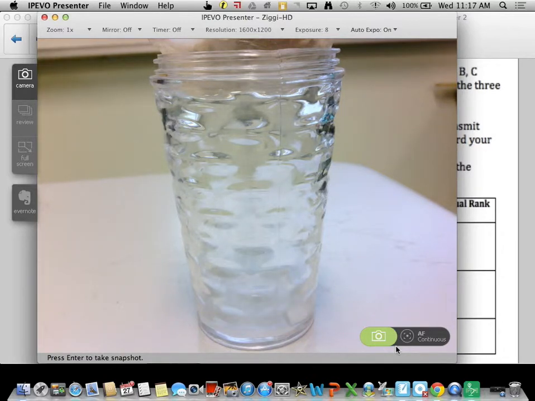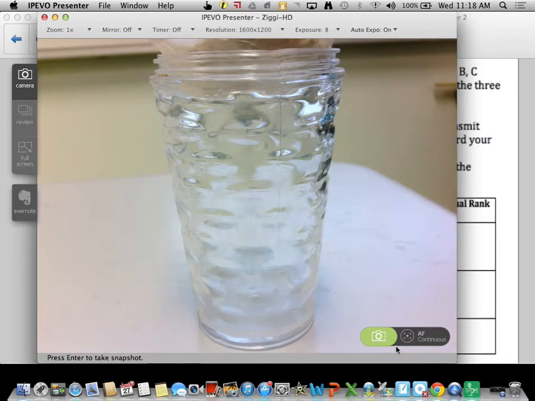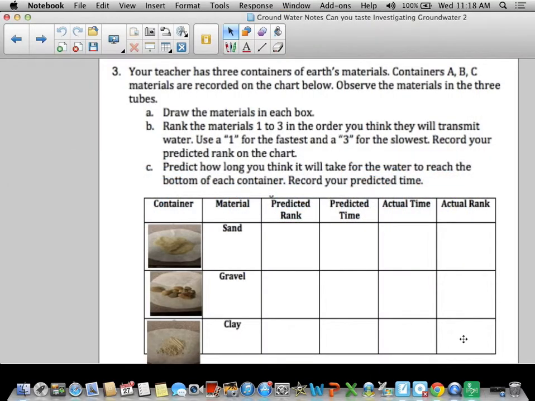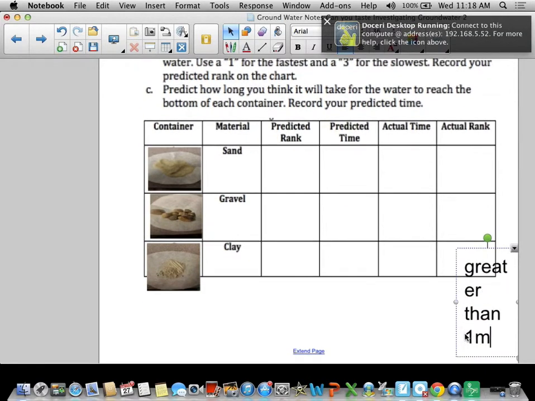Tell me when you've reached past 39 seconds. What is it at now? It says it's already at a minute and we still have water in there dripping down. So for this one here, we would put greater than 1 minute.